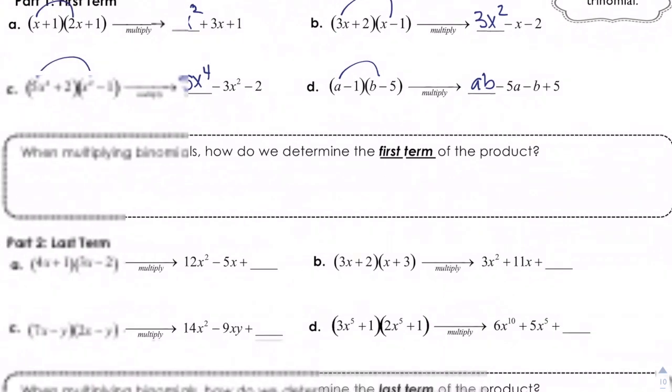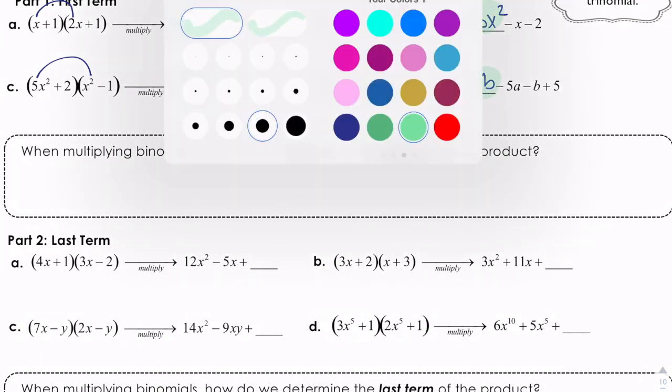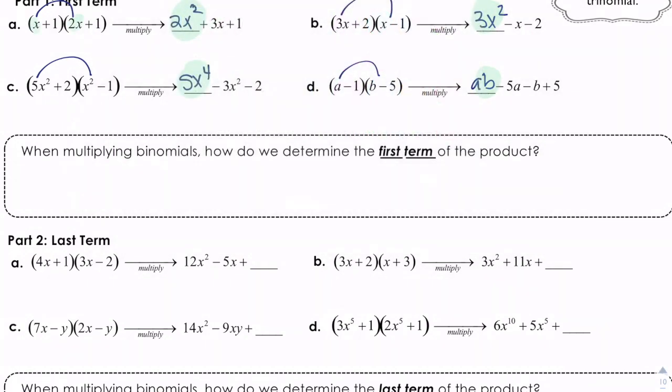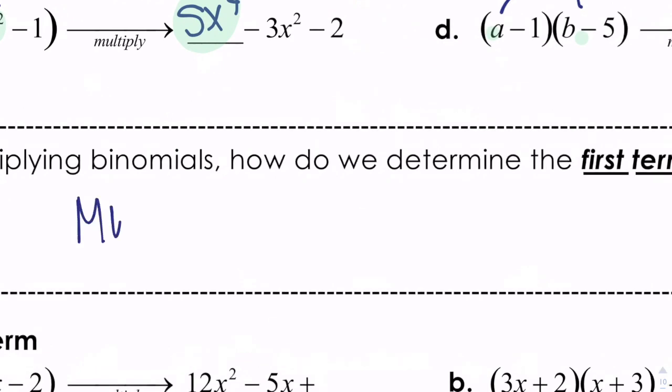So a rule in general is, how do we determine the first term of the product? It looks like all we did was take the first term of each of the factors and multiply. So the first term of the product comes from multiplying the first term in each factor.